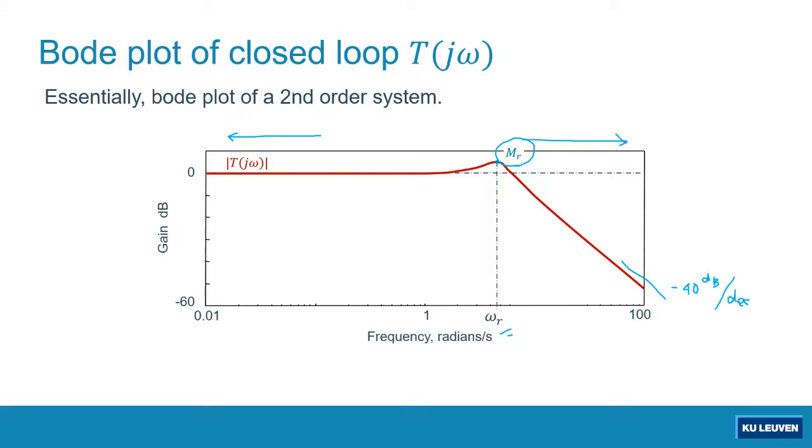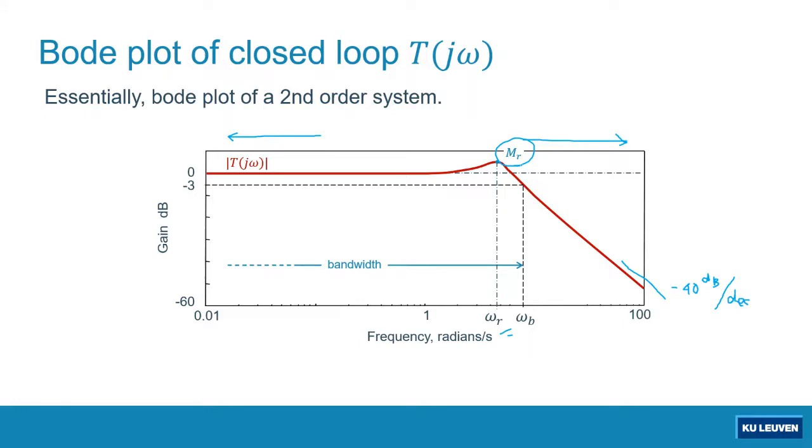In fact, there is one more feature that we can identify from this Bode plot, which is referred to as bandwidth frequency, or we typically indicate it as omega b. What is bandwidth frequency?